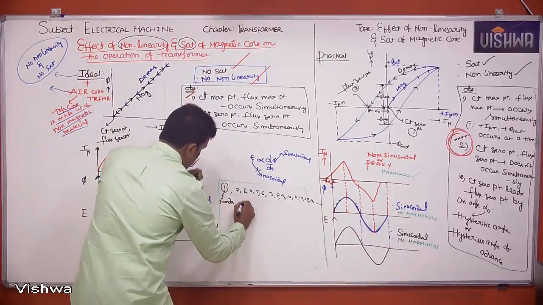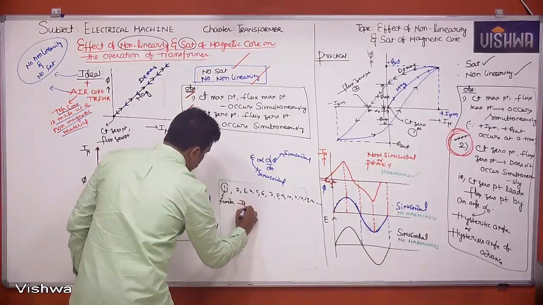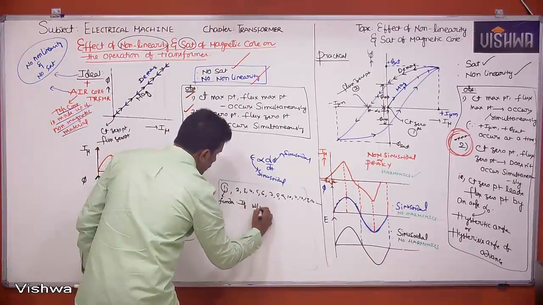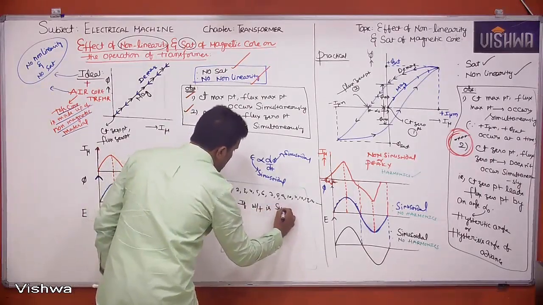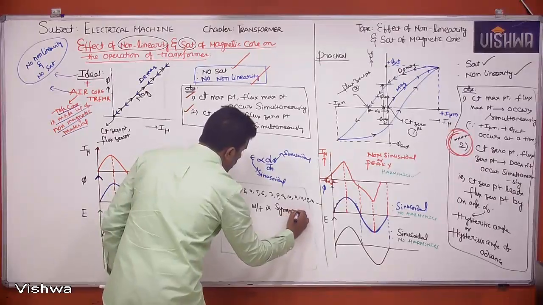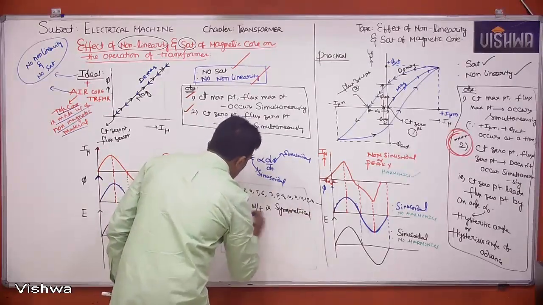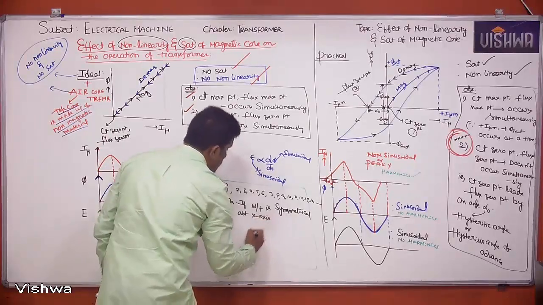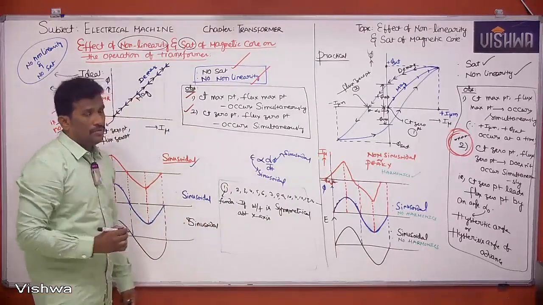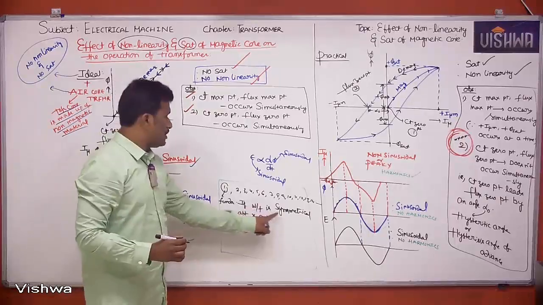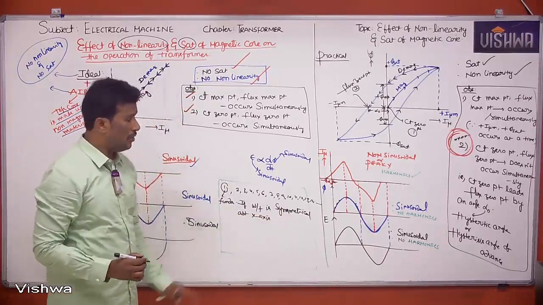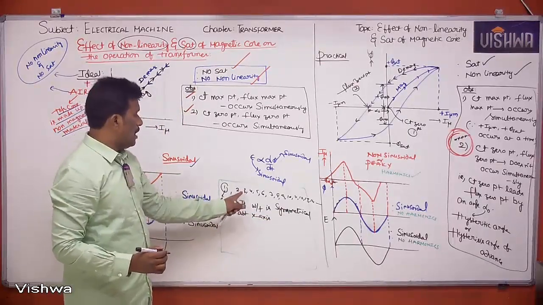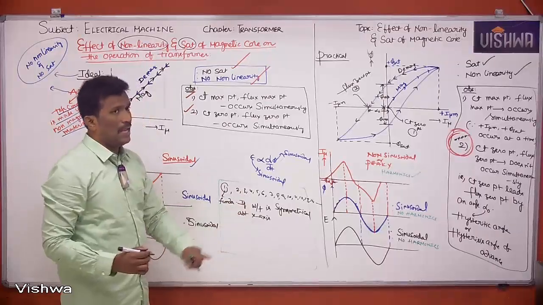If the waveform is symmetrical about the x-axis, according to Fourier transforms, even harmonics will cancel with each other.